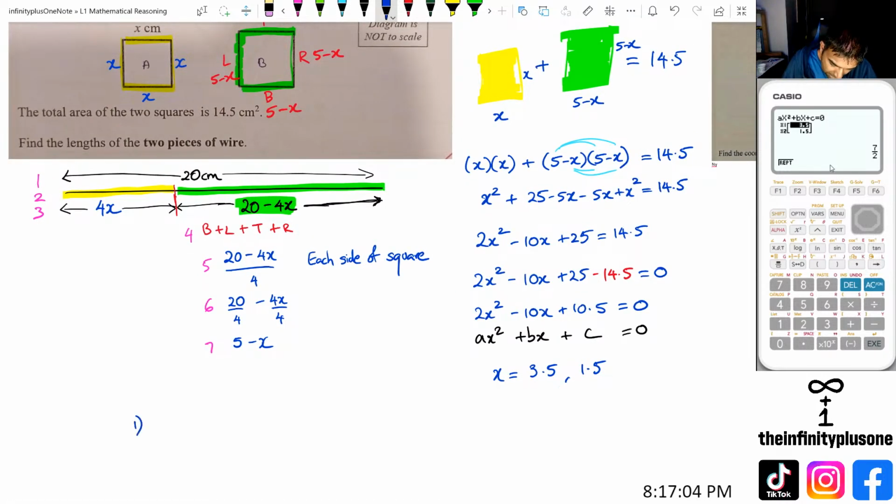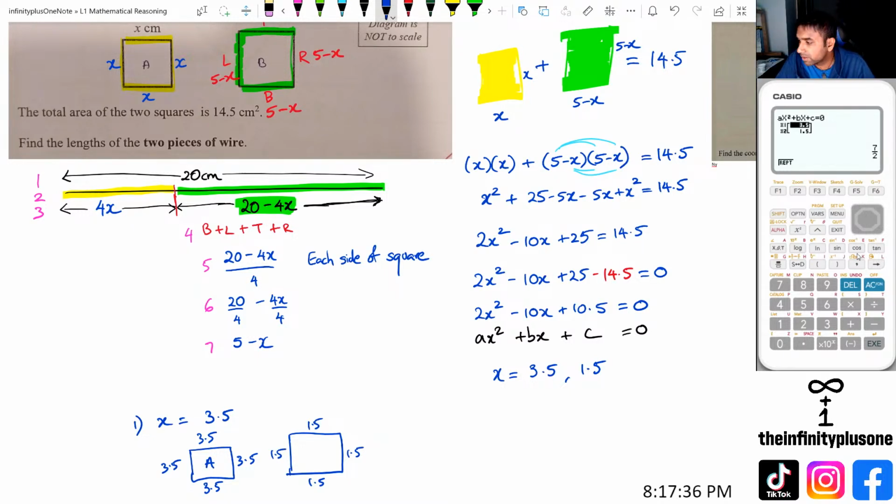If x is equal to 3.5, then my first square is going to look like this. This is going to be square A. And then square B, because it was 5 minus x, is going to be 1.5 on each side.